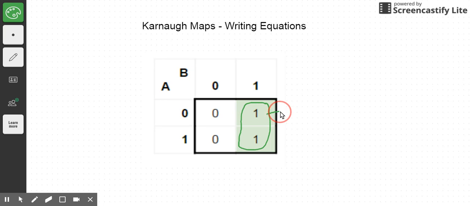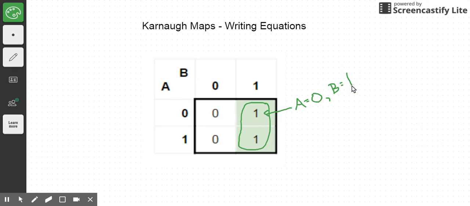Okay, so in this first cell up here, this is when A is 0. So for that cell, A is 0 and B is 1.